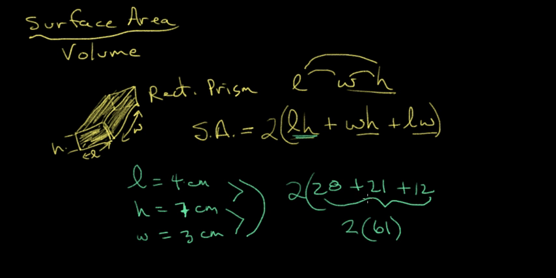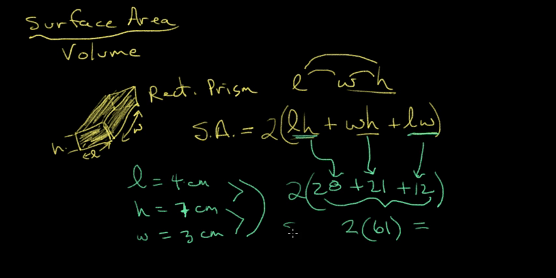So what I've done here is I've followed this formula precisely. Width times height is 3 times 7, which is 21. Length times width is 4 times 3, and that's 12. So I've taken those three, added them together, and that's 61. And now I multiply by 2.